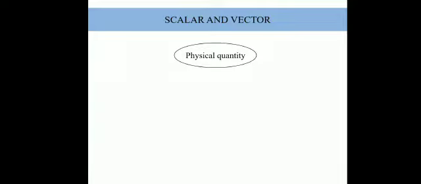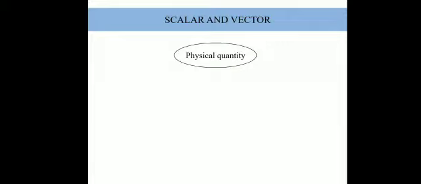Previously we have seen that physical quantities are of two types. One is called a fundamental physical quantity and another is known as a derived physical quantity, right? Fundamental physical quantities do not depend on anyone to give them information, but derived physical quantities collect information by multiplication or division using fundamental physical quantities, and then we end up getting the value or magnitude of the derived physical quantity.